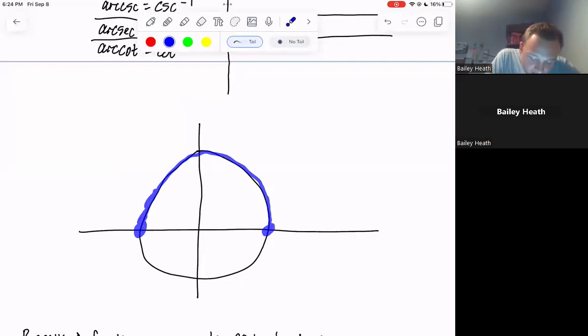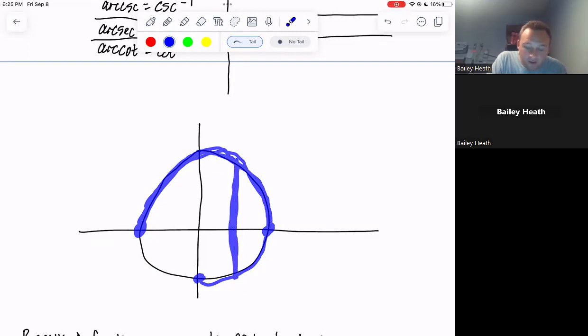Each angle in this interval has a different value of cosine. There are no two angles in this interval where the cosine value, the x value, is the same. And we've hit each value once. We're not leaving any values out. If we kept on going and went down here, well, now these have the same cosine value, the same x value. So that wouldn't work.